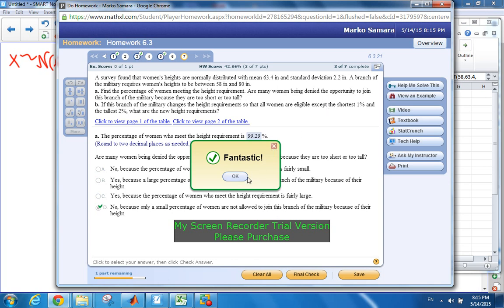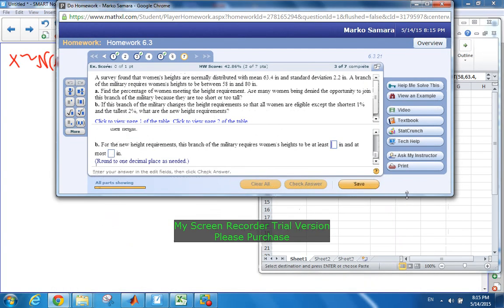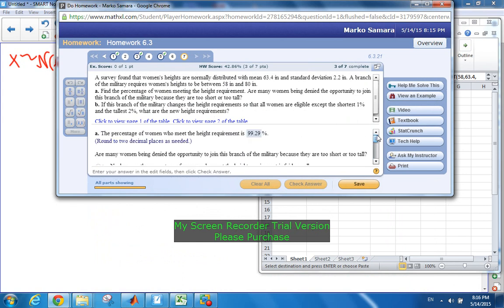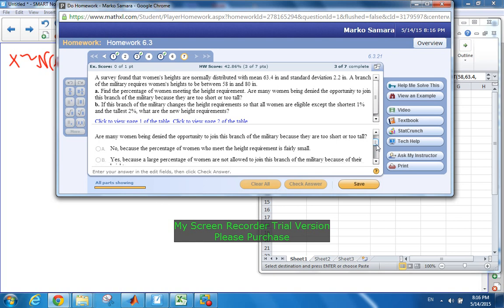So just a second, I should have moved this. So the offered answers are A, no, because the percentage of women who meet the height requirement is fairly small. That's obviously not true, it's actually fairly large.